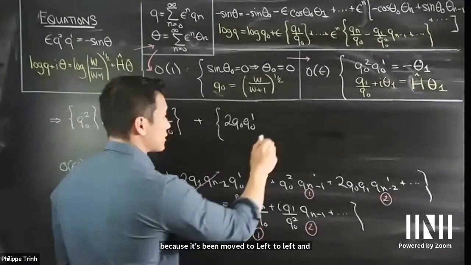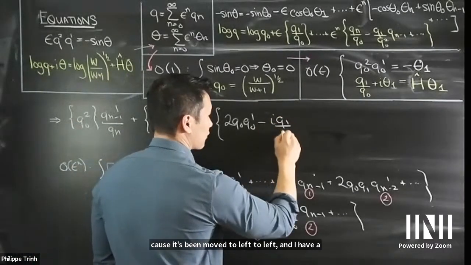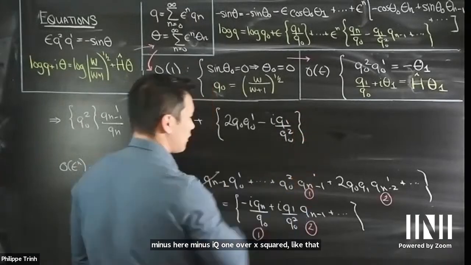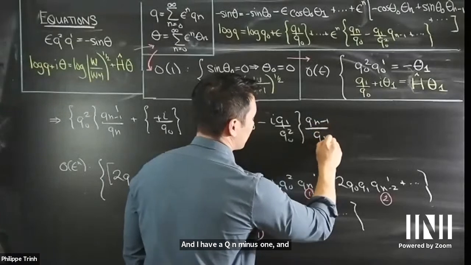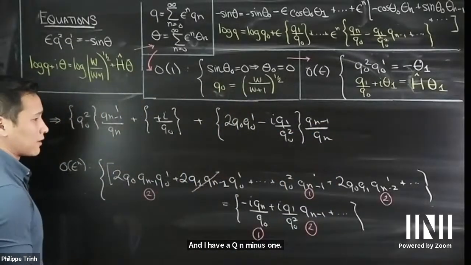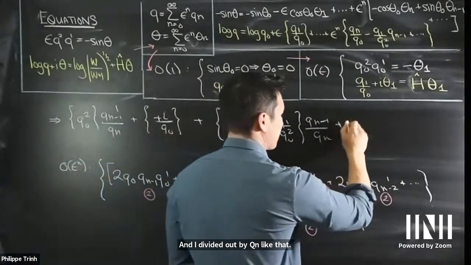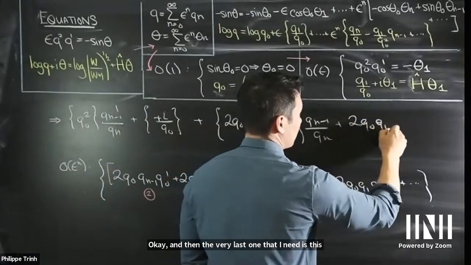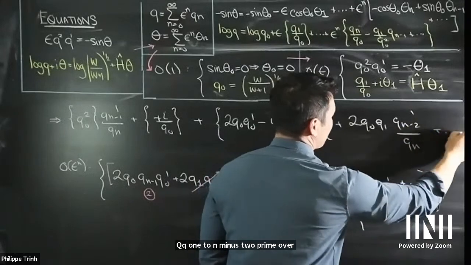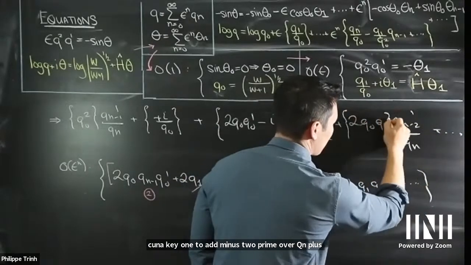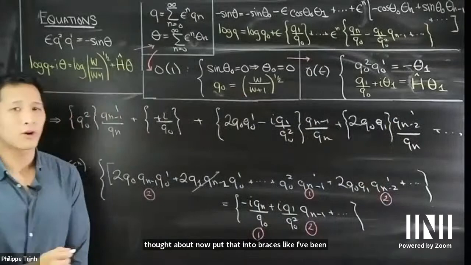And I have a minus i q1 over q naught squared, like that, times qn minus 1, and I divide out by a qn. And then the very last one that I need is this 2q naught q1 qn minus 2 prime over qn plus dot dot dot. And I'll put that into braces like I've been doing with all the other ones. Okay, and there we are.